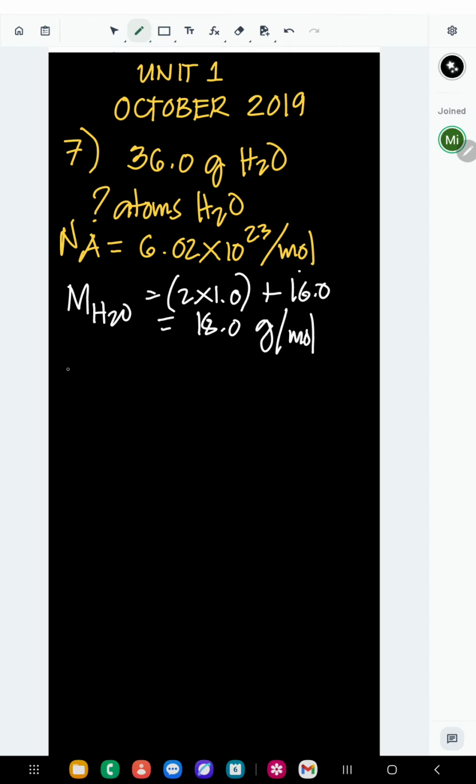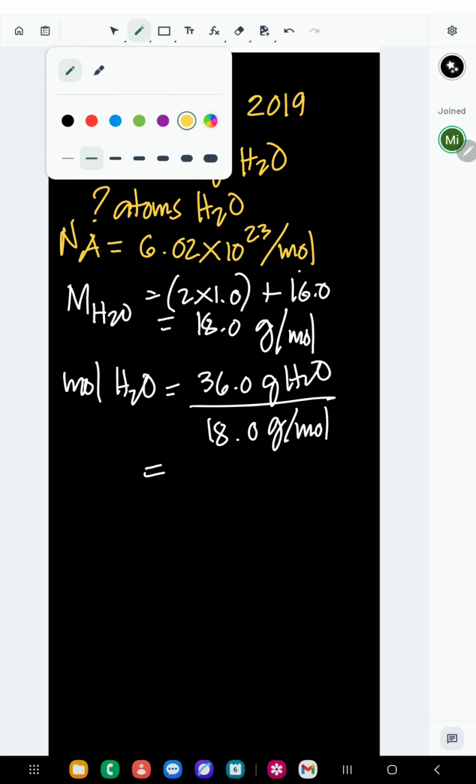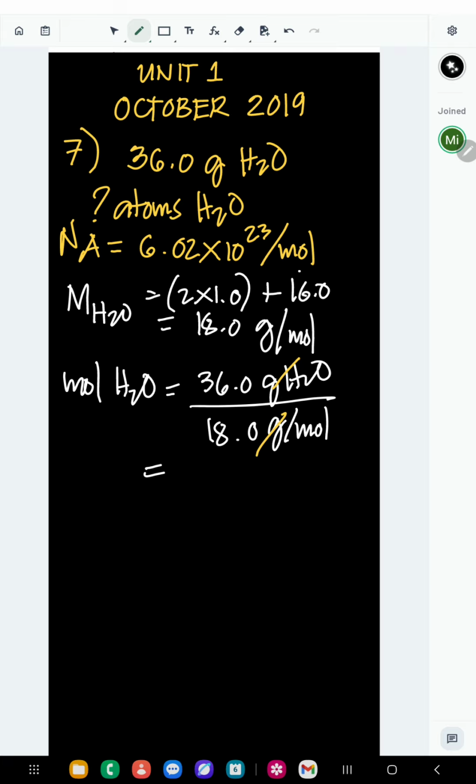And then we get the number of moles of water. So we're given 36.0 grams of water. We divide that by its molar mass. And the gram unit here cancels out. So 36 divided by 18, so this is 2 moles of water.